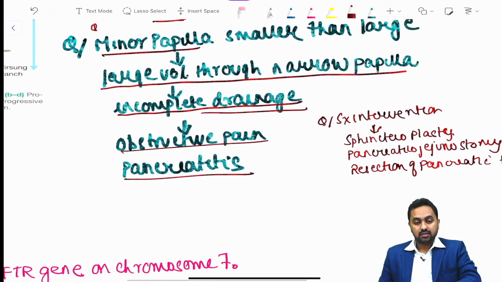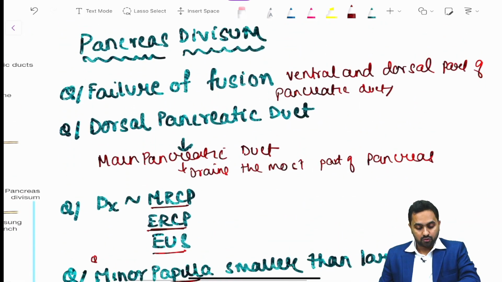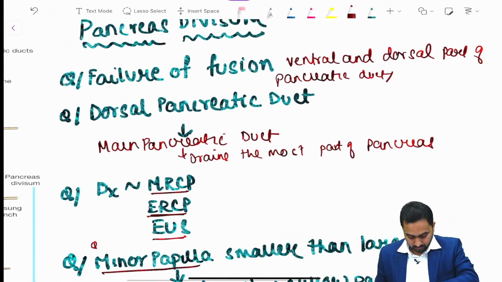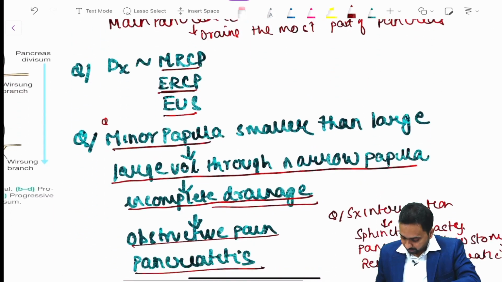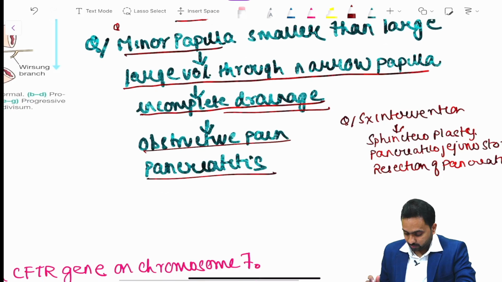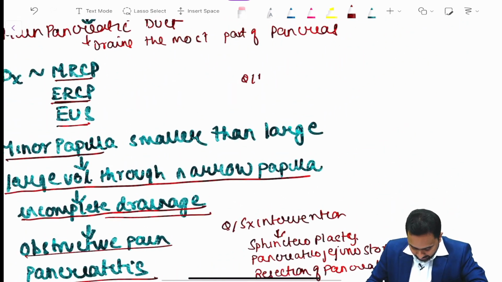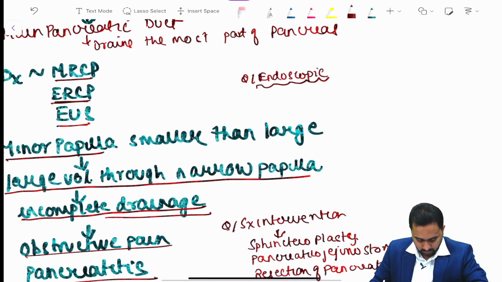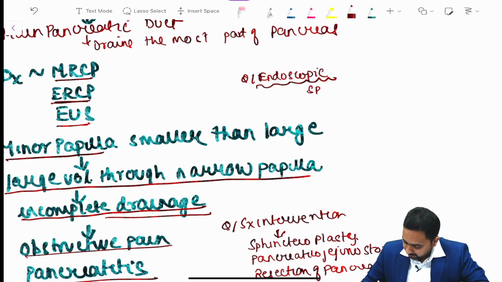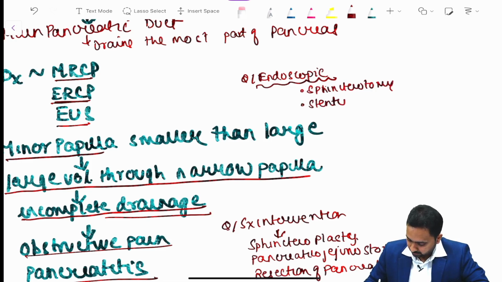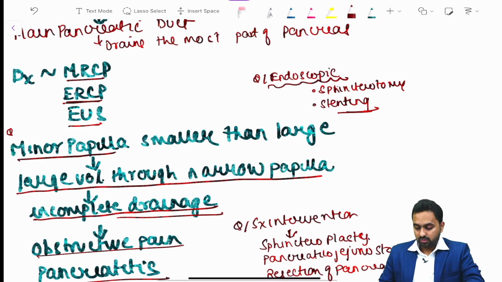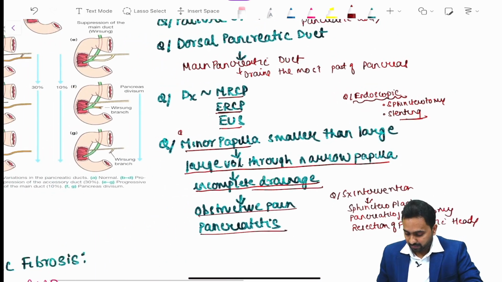So these are a few important points with respect to pancreas divisum. Apart from the surgical intervention, what I forgot to mention is the endoscopic intervention, right? The endoscopic intervention would be in the form of sphincterotomy and stenting, right? So these are a few important points with respect to pancreas divisum.